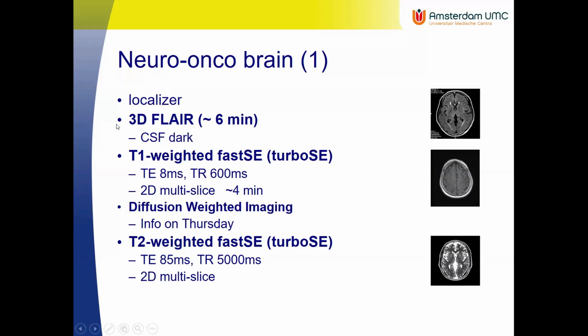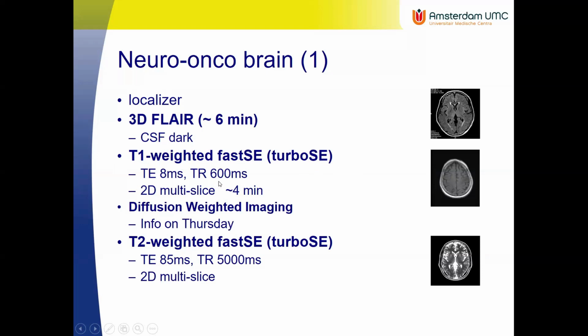A typical neuro-onco exam would include a 3D FLAIR with the dark CSF. That would be about 6 minutes, maybe a bit shorter. And then we have a T1 weighted triple spin echo.